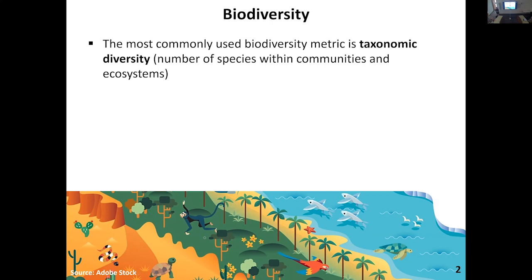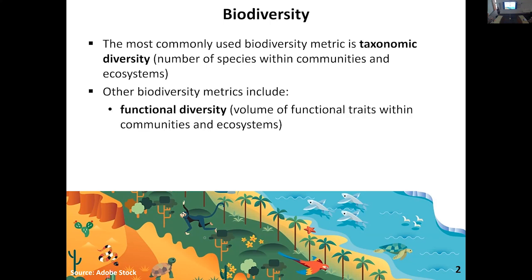So, when we talk about biodiversity, the most commonly used metric is taxonomic diversity, which is simply the number of species we have within a given area. But there are other biodiversity metrics that are used. One of them is functional diversity, which tells us about the volume and functional traits within the communities.